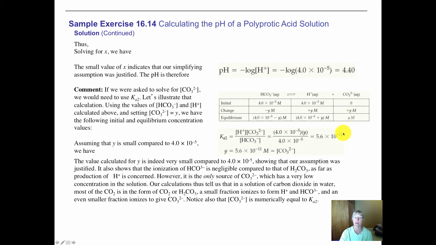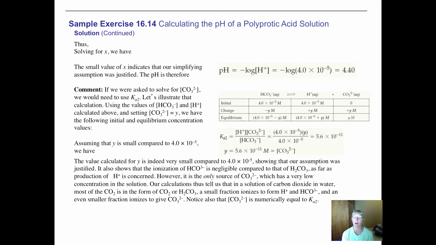Now, of course, the Ka2 is so tiny, we're automatically going to ignore any minus Y or plus Y that you might see over here. So I've got my equation, I wrote an expression, I substituted my values, and you can see it's pretty simple because the hydrogen carbonate and hydrogen ion concentrations are equal to each other.